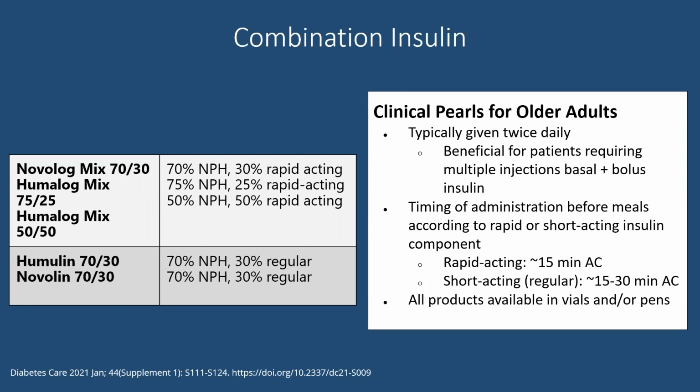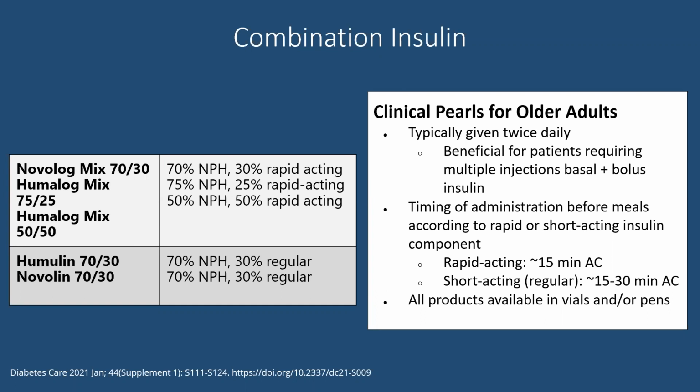But in an older adult, they may actually be a simpler regimen to use because you're only injecting twice. So you're injecting in the morning. The breakfast is taken care of by the rapid acting insulin. Lunch is taken care of by the longer acting insulin. And in the evening, when you inject, the rapid acting takes care of dinner and the long acting takes care of the rest of the nighttime.